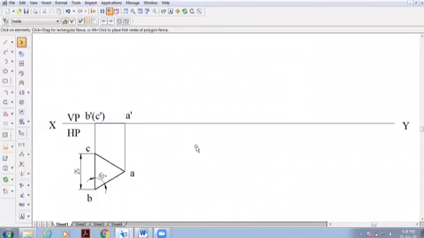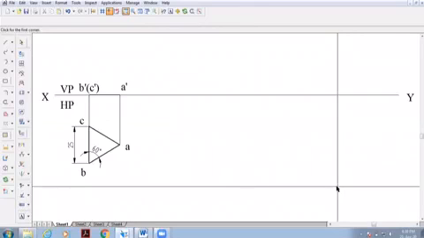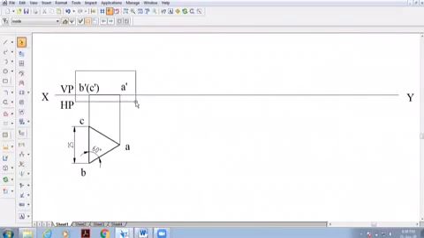For the next position, what we have is that one of its edges is inclined at an angle of 60 degrees, so that the front view will be inclined at an angle of 60 degrees to HP. I'm going to select the front view.